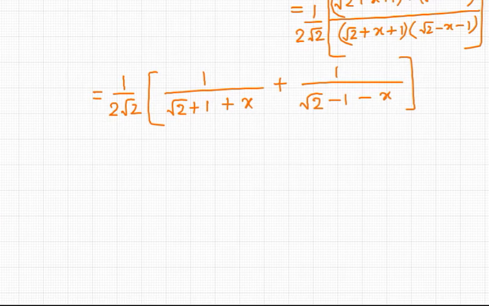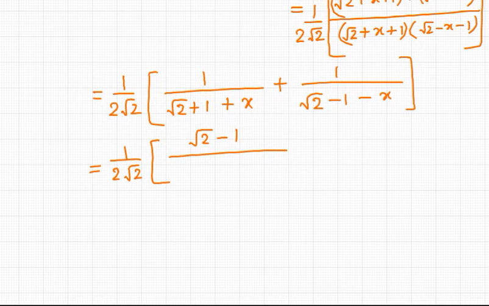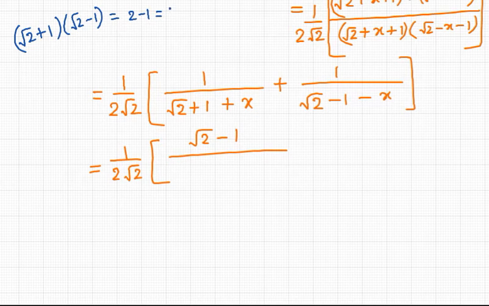Now in the first partial factorized format, what we can do is multiply the numerator by root 2 minus 1, which is the conjugate of root 2 plus 1. Like we can discuss this parallelly, that root 2 plus 1 and its conjugate root 2 minus 1, on multiplying will result in 2 minus 1, that is 1.